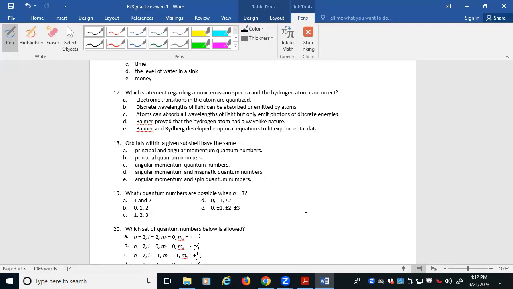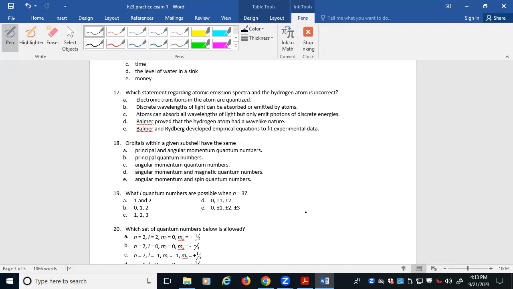Notice that those lines were always in the same position because the atom could only absorb that very specific photon and emit that very specific photon. It couldn't emit and absorb in between. Otherwise, that dark line spectrum would be all dark lines because it would be able to absorb anything. It doesn't. For the most part, it transmits most energies. It absorbs some, it emits others. Well, emits the same.